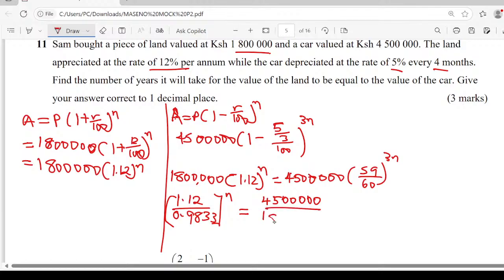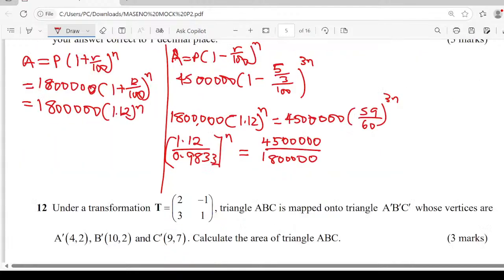Divide by 1,800,000, like that. So when I take 4, that will be like 45 divided by 18. I'm going to get 2.5. And when I get it as 2.5, let me see, 1.12, I divide that by 59 over 60.